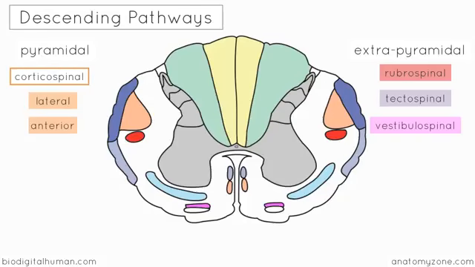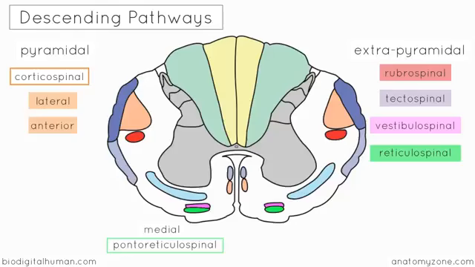And then lastly, we've got the reticulospinal tract, which arises, as the name suggests, from the reticular formation of both the pons and the medulla. So you've got a medial or ponto-reticulospinal tract, which is the one highlighted here in green. And then you also have the medullary reticulospinal tract, which isn't shown here, but I'll just draw in the rough location of these fibres.